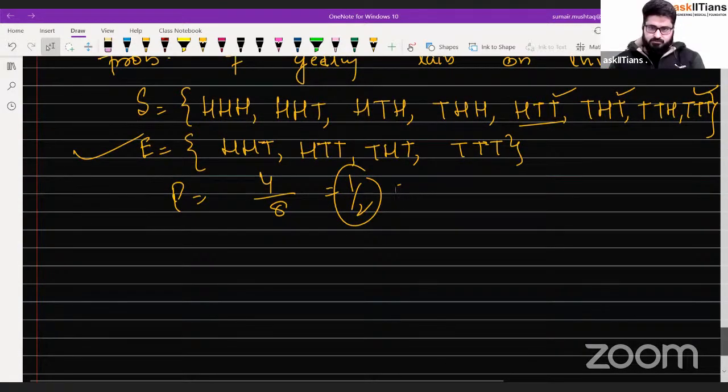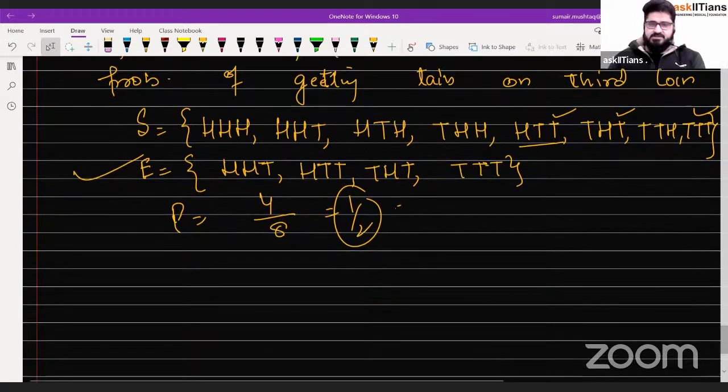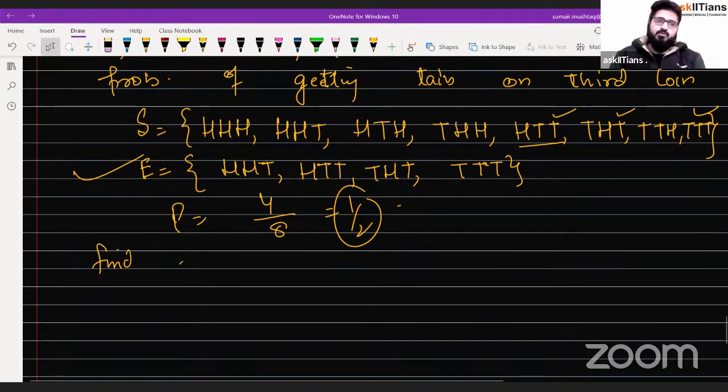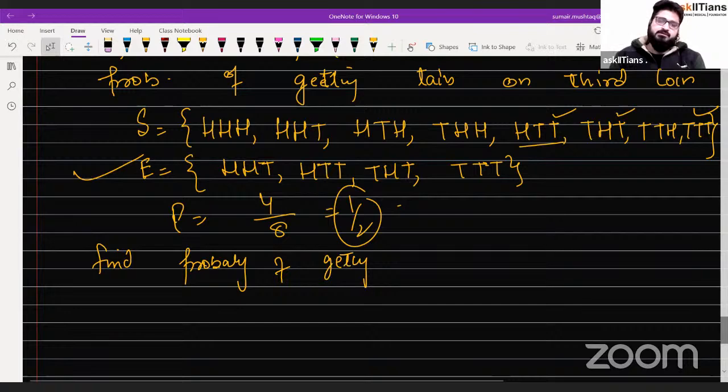Suppose F is one more event. Find the probability of getting exactly one tail.